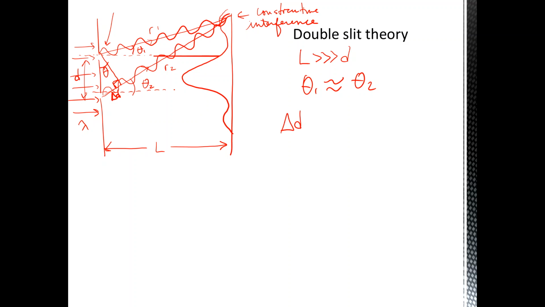That path length difference that I called the delta D very temporarily is going to be the same as saying that it's D sine theta. Because I have the hypotenuse of that right angle triangle, which is D. I have the angle, which is theta, so I can find the length of any of the other sides of the triangle.